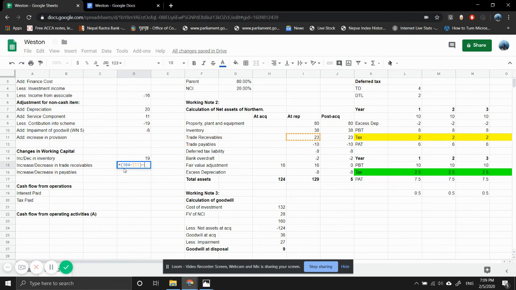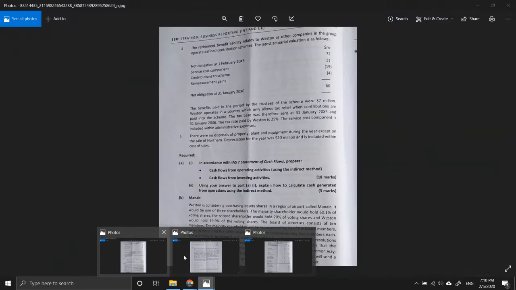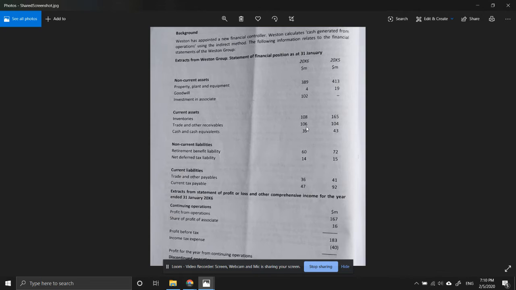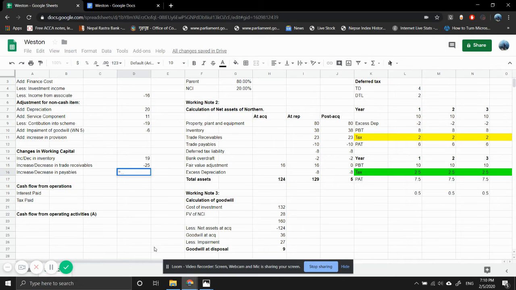That's why we are doing that, okay? So see, as you can see over here, it is 181, right? Whereas the receivable now is 106 minus 106. See, so it has increased by minus 25. That's why I'm just doing that, okay? So in case of payables as well, payables 41 minus, so 41 we don't need to do minus because it's already in minus over here.